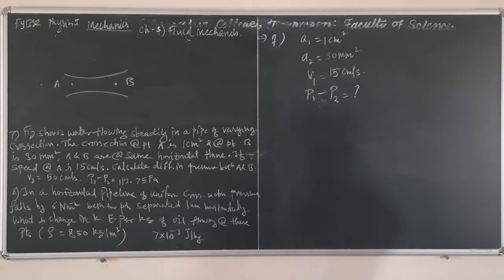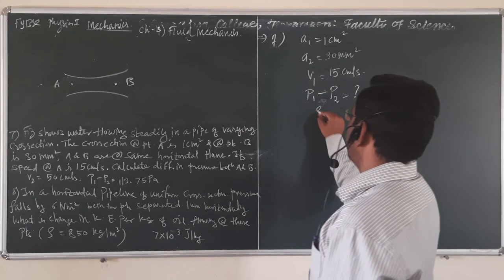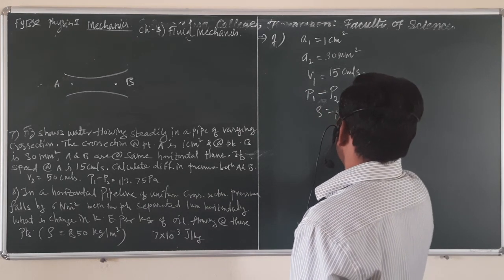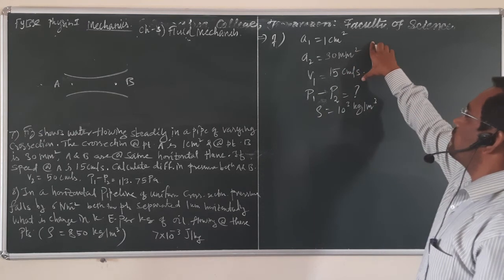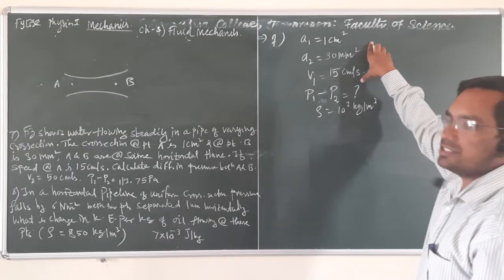So all these quantities are given. Here the density of water is 10 raised to 3 kg per meter cube in MKS unit. All these we have to convert either in MKS or CGS.